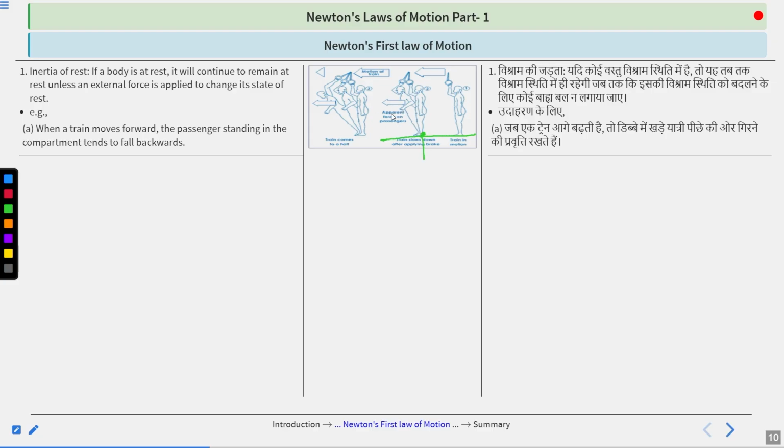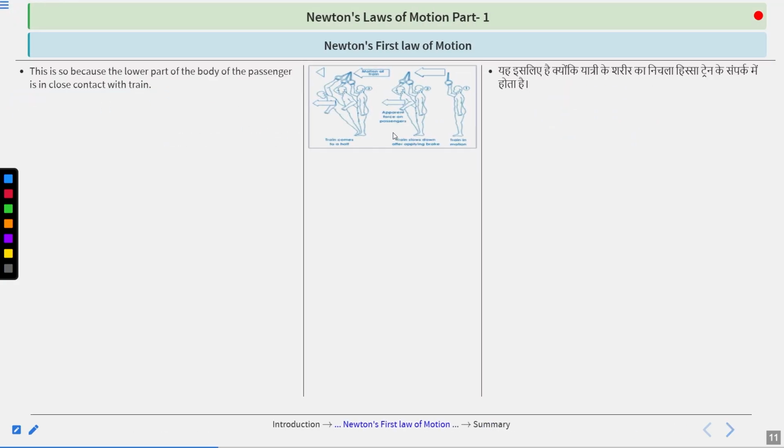Because your body was in motion and not experiencing any external force, it tends to remain in motion. So what will happen? You will lean forward. Why? Because your body is still in motion, but the train is not. So when the train stops, you move forward, and when the train starts, you lean backward. I hope that is clear in your mind.